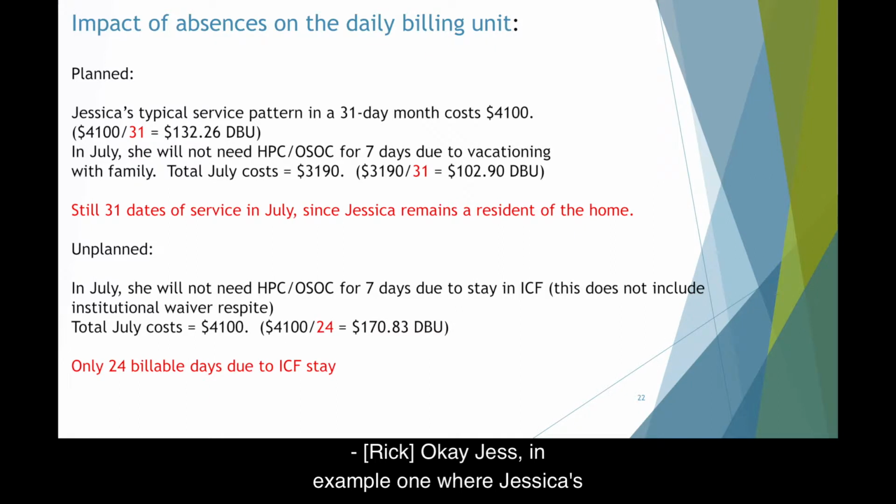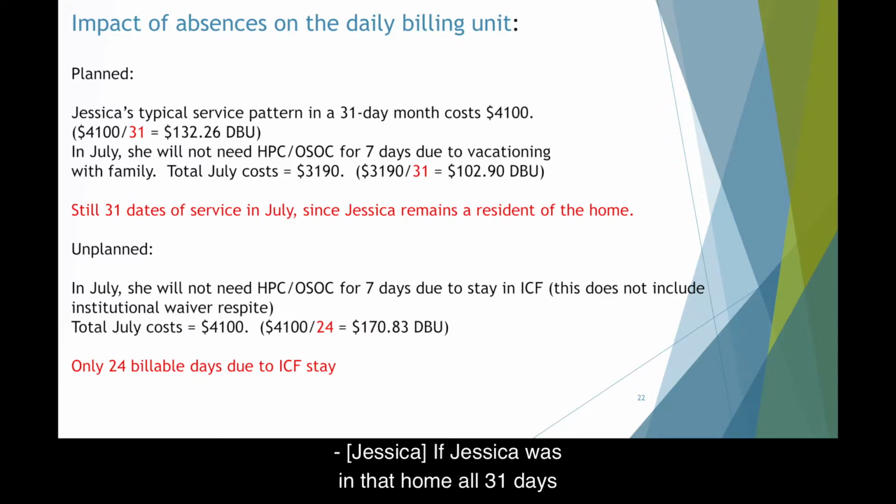Where Jessica's typical service pattern for 31 days costs $4,100, explain to the providers that they're still going to get the same dollar amount for the home just because you were out on vacation for 7 days.